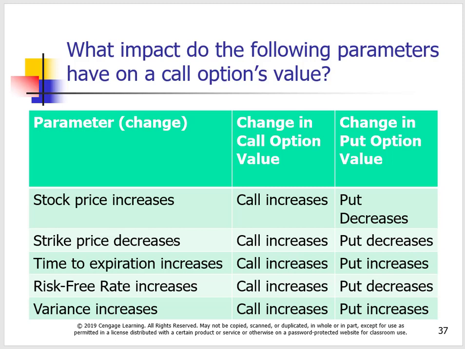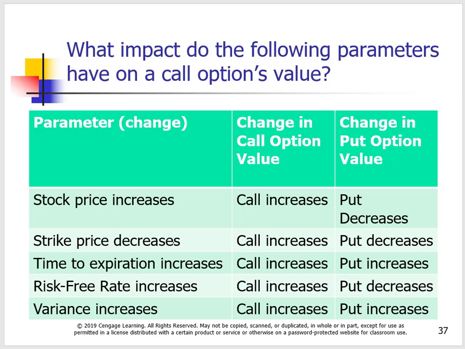If you look at the put option, it's similar, but there are a couple of differences. If the stock price increases, since the put is opposite the call, the put decreases. If the stock price goes up, the value of a put goes down. If the strike price decreases, again, the put moves the opposite direction of the call.